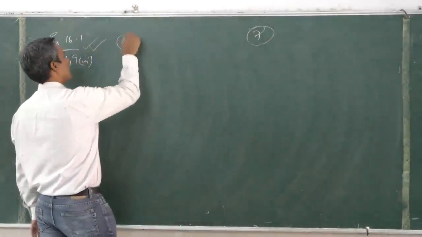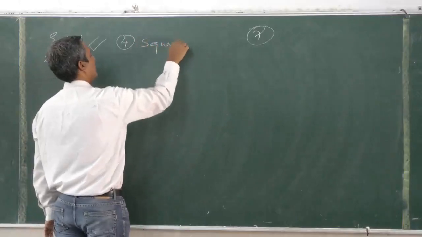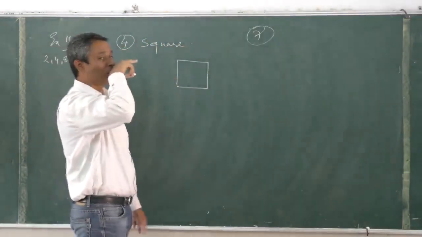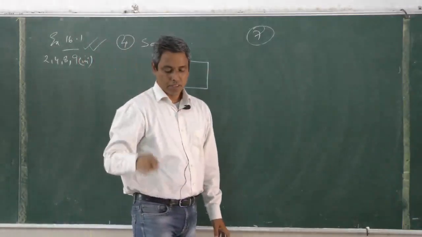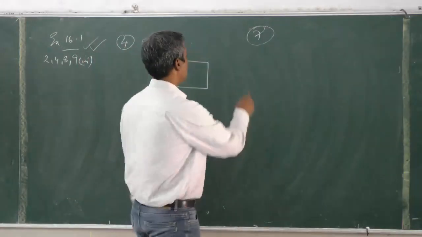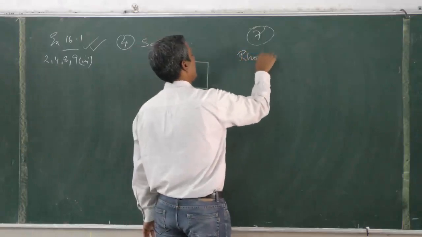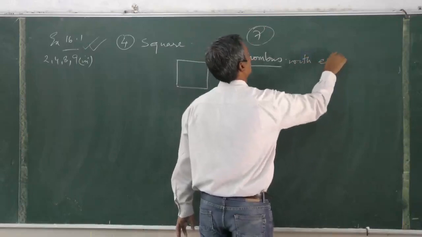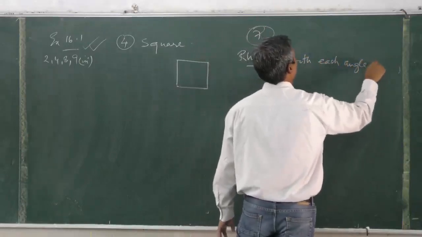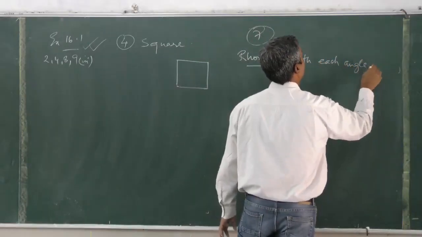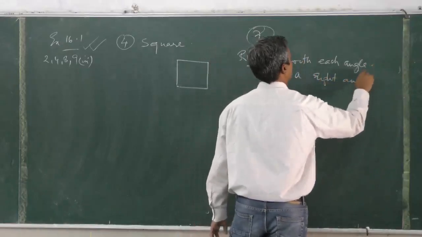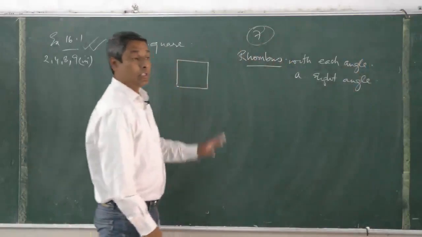Square. Now what is a square? Most of you have a basic idea, but suppose you are asked to define it. A square is a rhombus with each angle a right angle. So it is a rhombus.